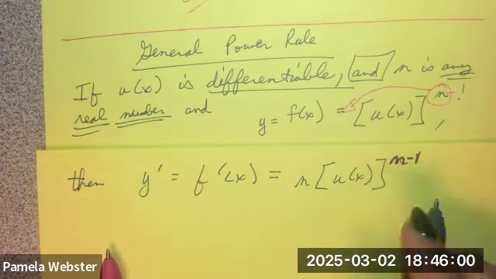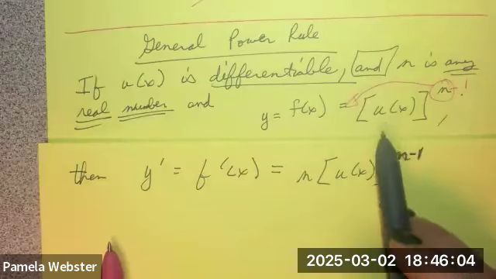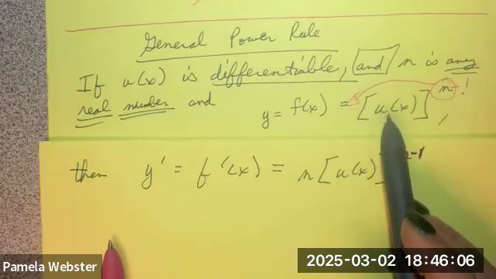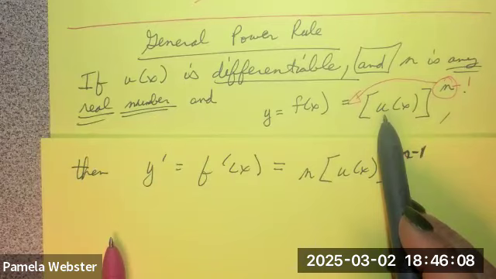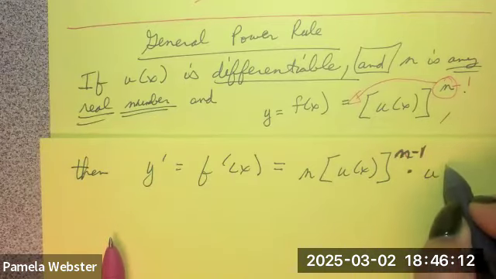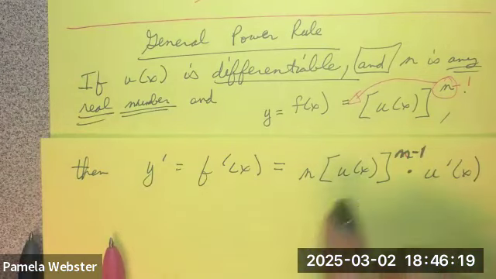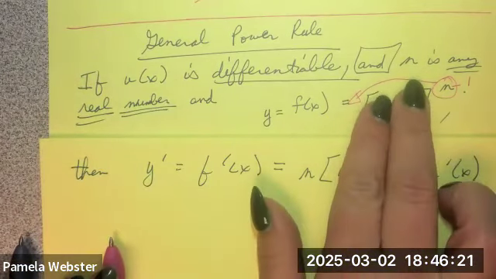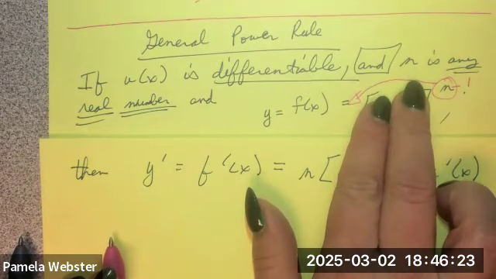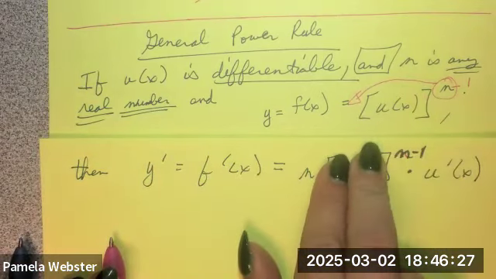That looks just like the regular old power rule we've been using, except we haven't addressed the fact that we've got more stuff going on on the inside. So the last step is to take the derivative of the inside guy and multiply it. First, I deal with the exponent on the outside: multiply it out in front, n minus 1 for the new exponent.